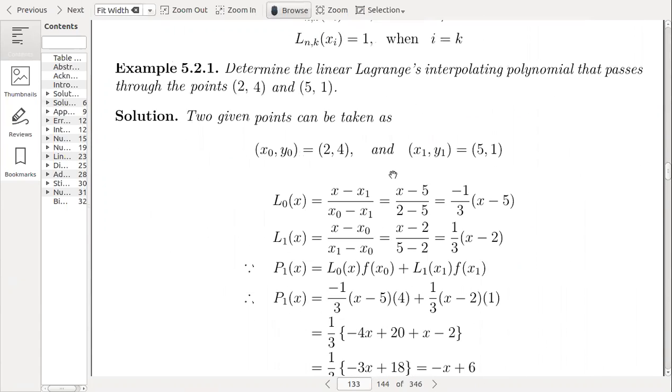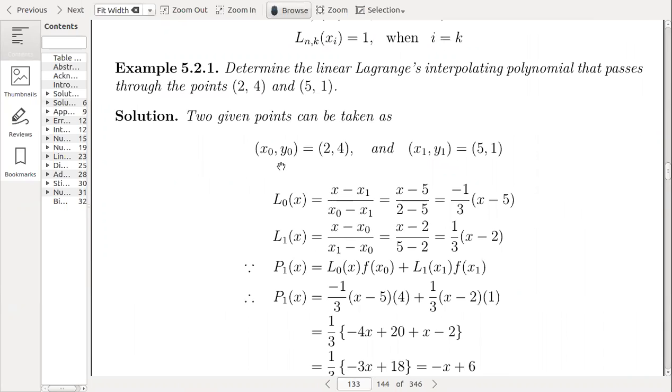So if we apply this technique here, for point x naught, y naught is equal to 4, y1 is equal to 1. The first Lagrange coefficient can be computed as x minus x1 over x naught minus x1, which is x minus 5 over 2 minus 5, so minus 1 by 3 into x minus 5.